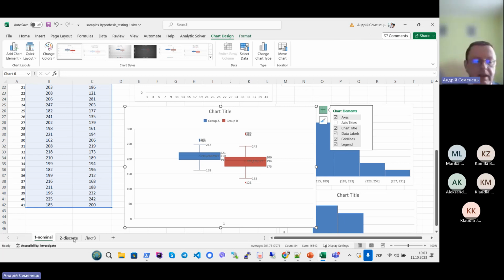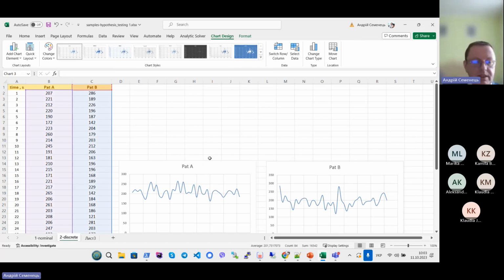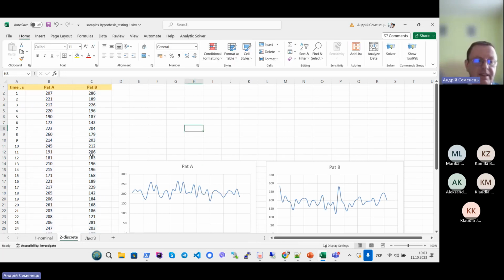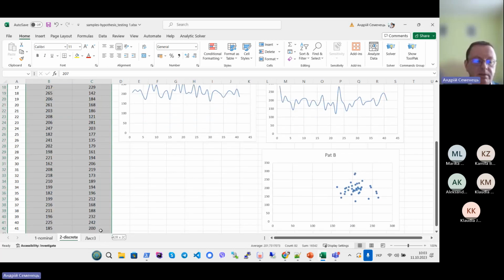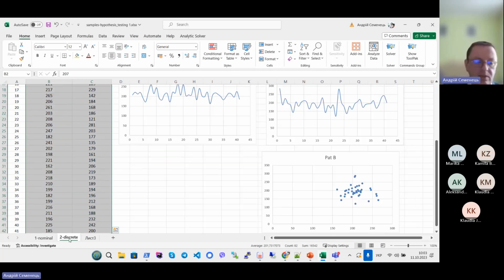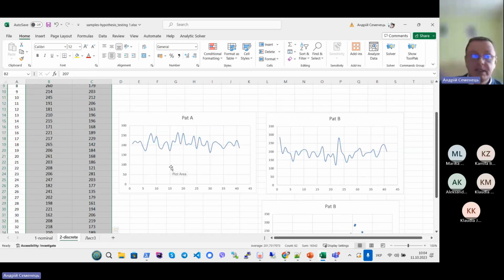Technically, we can do the same things for discrete variables, but here it will be questionable. Obviously, we can build the box plot itself, but does it make sense? It will have the same results as in this case, but usually it does not make sense because of our observation, and especially if it's a periodical signal.